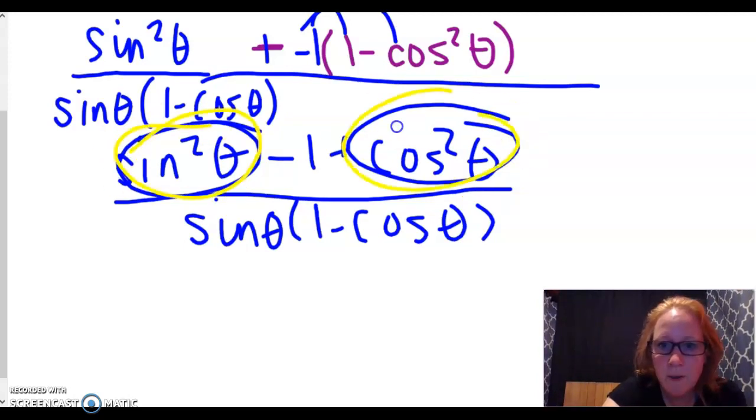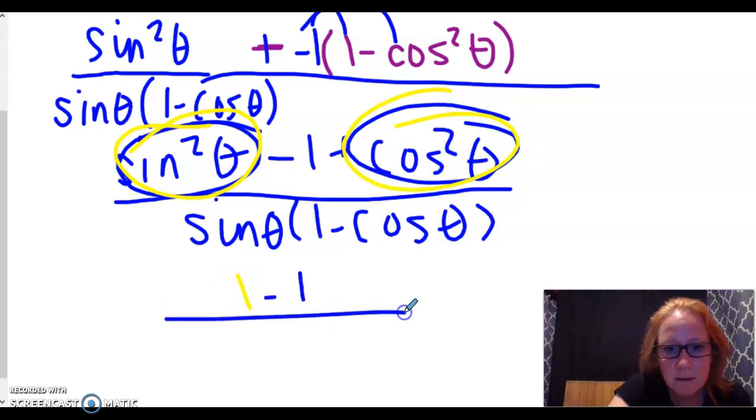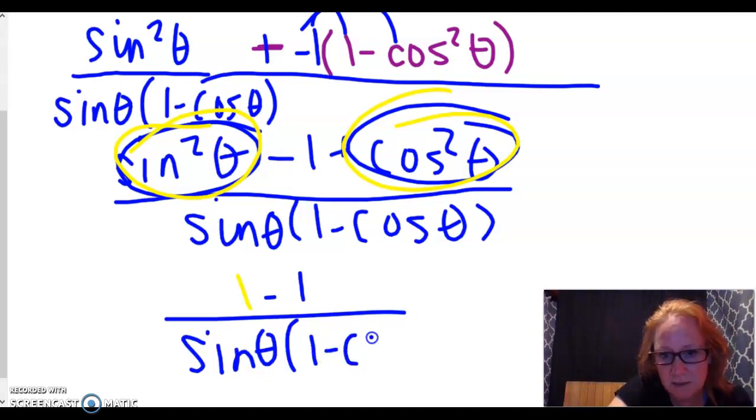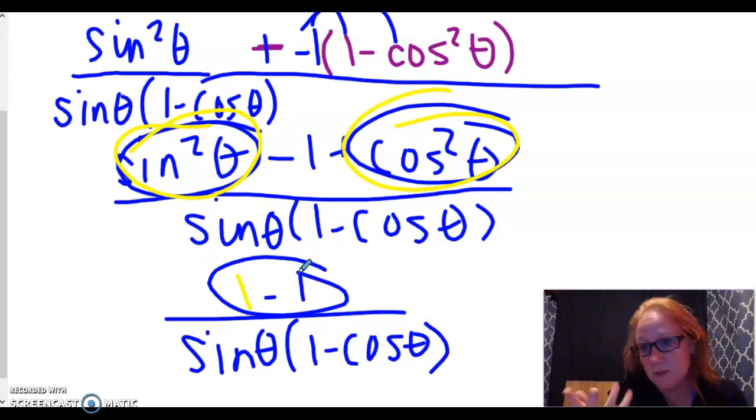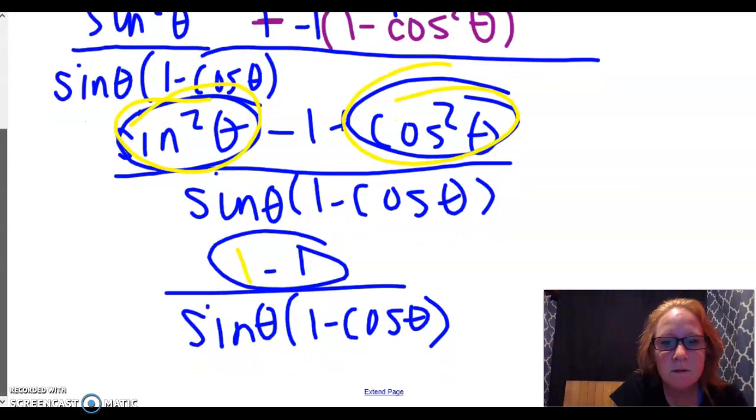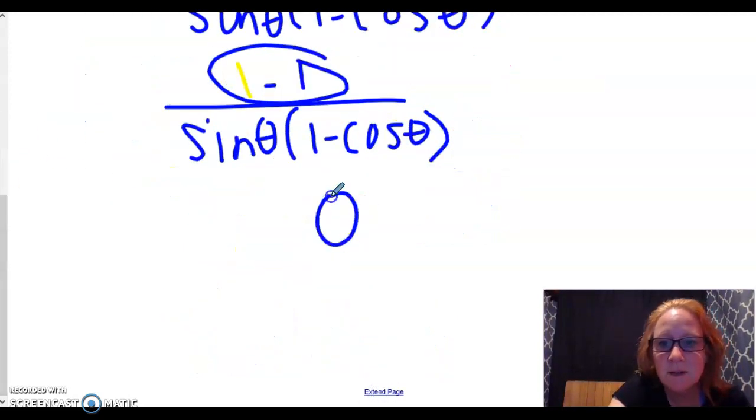Let's make that yellow. And see that minus 1 I have in there? Does it really matter that it's sine theta over 1 minus cosine theta? No, because 1 minus 1 on the top gives you 0 on the top. So I now have 0 equals 0.